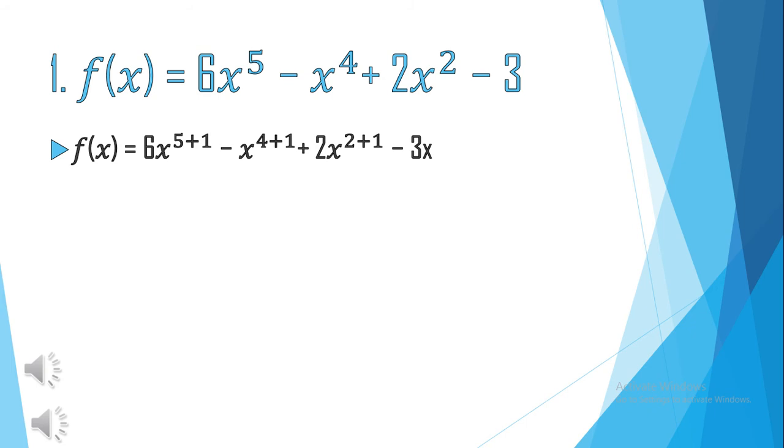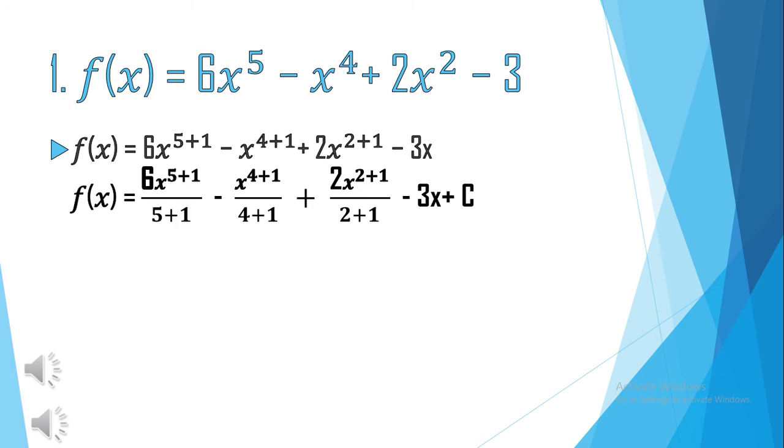First, add 1 to the exponent and copy it into the denominator, so that will be F of x equals 6x raised to the power of 5 plus 1 over 5 plus 1 minus x raised to the power of 4 plus 1 over 4 plus 1 plus 2x raised to the power of 2 plus 1 over 2 plus 1 minus 3x plus c.